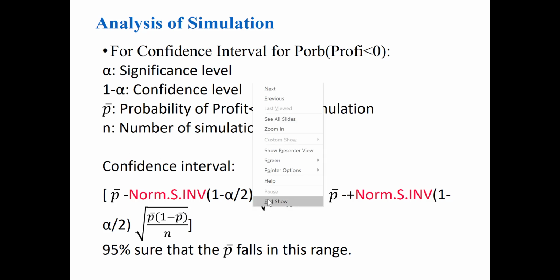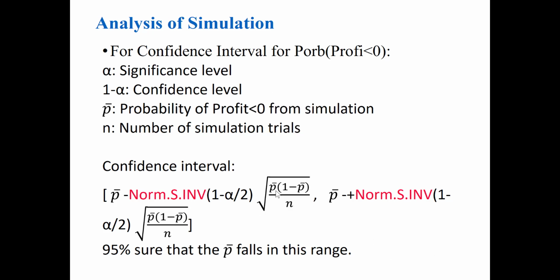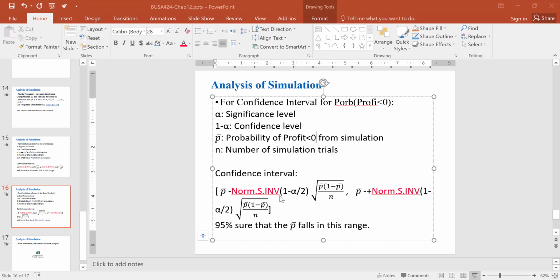Here, the standard deviation for this value is the square root of p bar times 1 minus p bar. So this represents the standard deviation for the binomial distribution. And then we have the same plus sign here, so p bar minus the norm standard deviation inverse. This value you can plug into Excel and find, then basically multiply by the standard deviation.